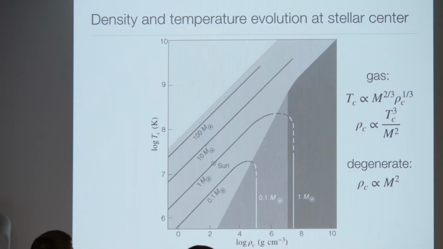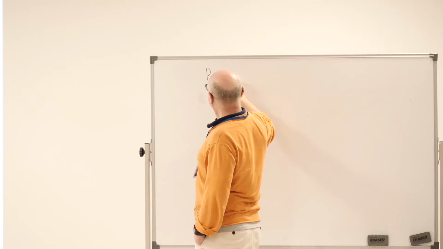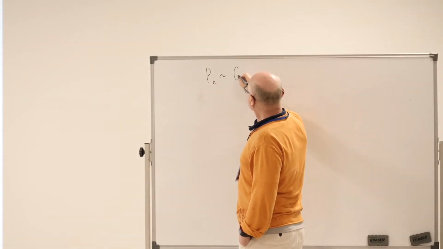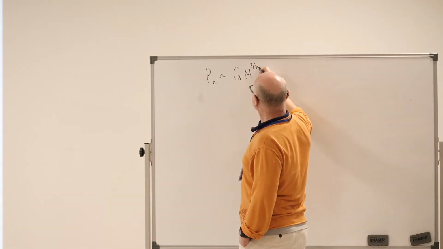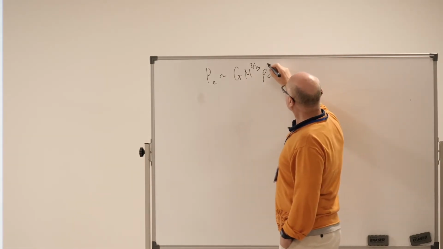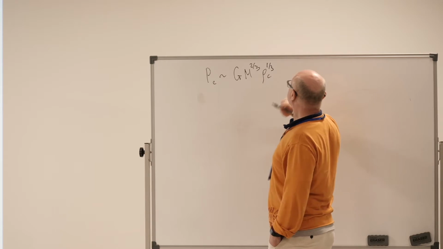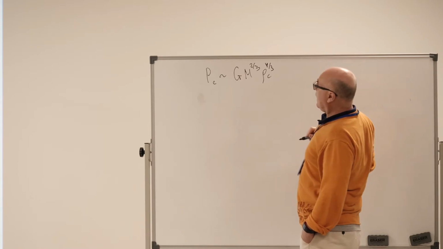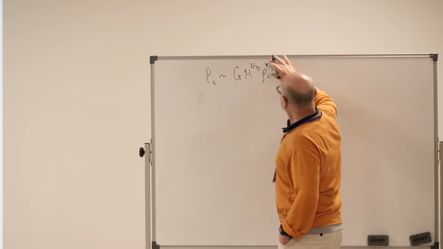things go like this. You write down a very simple thing. First we use, of course, hydrostatic equilibrium, which tells us that we have this relation between central density, mass and central pressure, to the power 4/3.